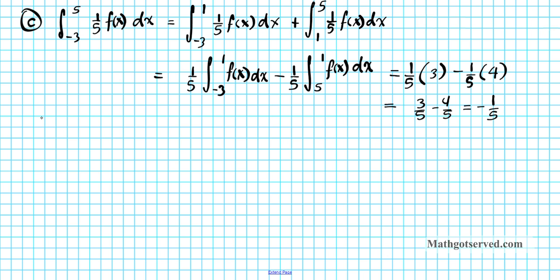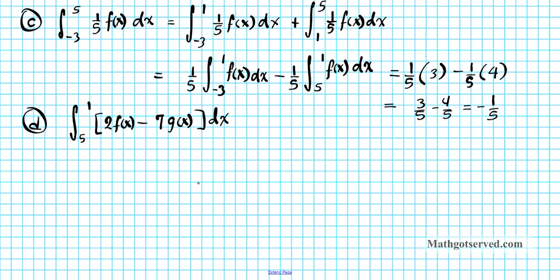Okay, let's take a look at the last one, part D. So for this one, what is the definite integral from 5 to 1 of 2 f of x minus 7 g of x dx?